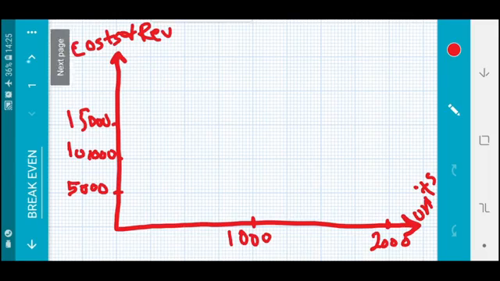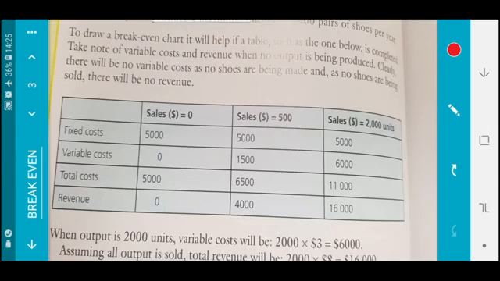There is a table in your book that can summarize how to do this. Of course, I have to take values for x to find y. And remember the lines to draw. We have three main lines to draw on the break-even chart: the fixed cost line, the total cost line, and the revenue line. Variable cost could be drawn, but it's not relevant, so it won't be used.